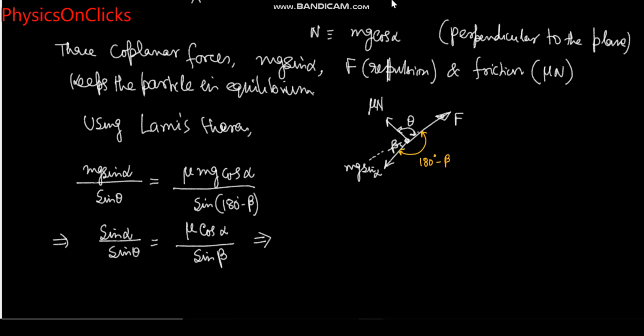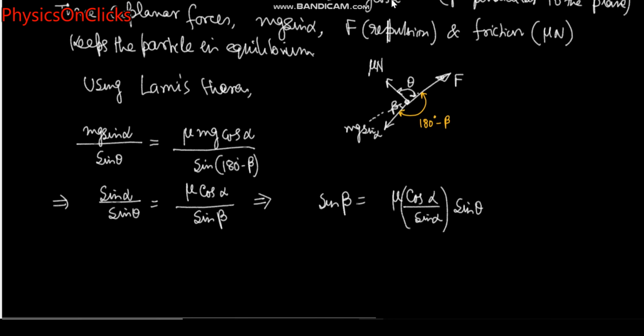From there, sine beta is equal to mu cos alpha by sine alpha multiplied by sine theta. Now they are asking the maximum possible value of beta.